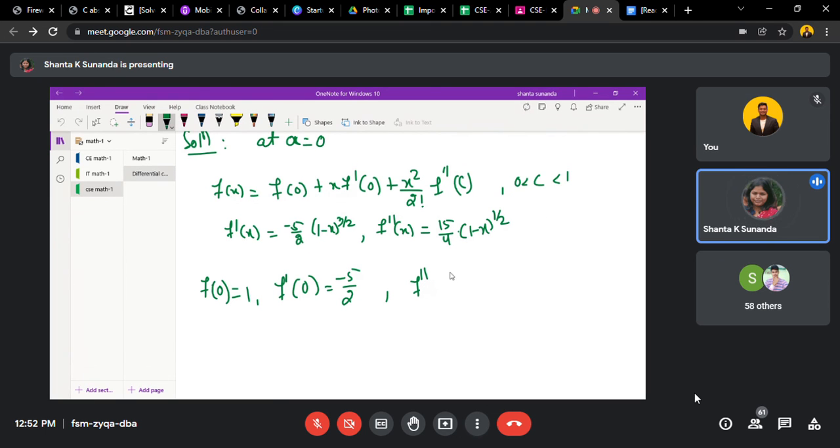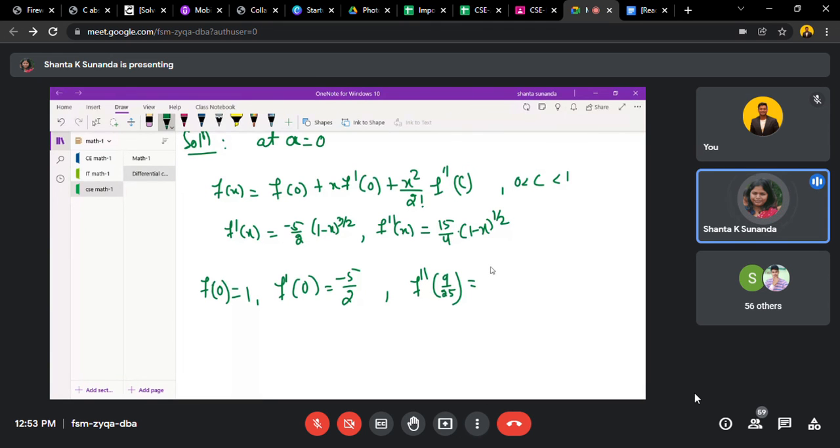So let's consider any value, say 3 by 5. What will be the value here? Since we are free to choose, let's make it 9 by 25.